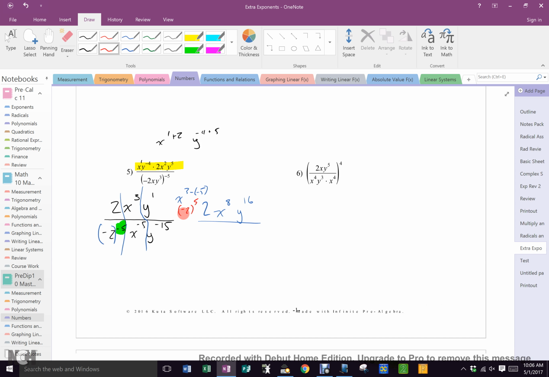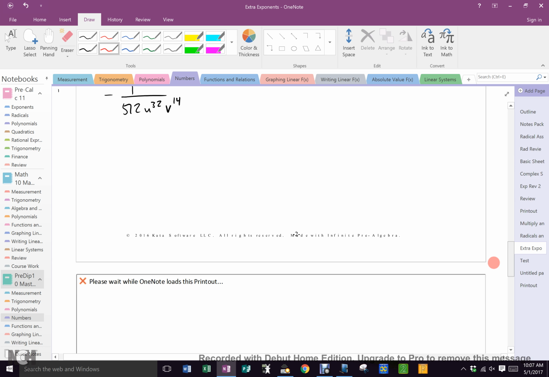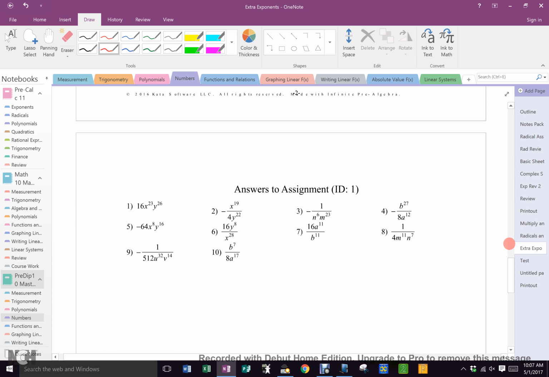Negative 32, right? Because it's negative 2 times negative 2 times negative 2. It's got an odd exponent, so it's going to stay negative, yes? So I have negative 32 up top, positive 2, x8, y16, right? Is that all okay? What do I do with 2 and 32? Multiply it out.